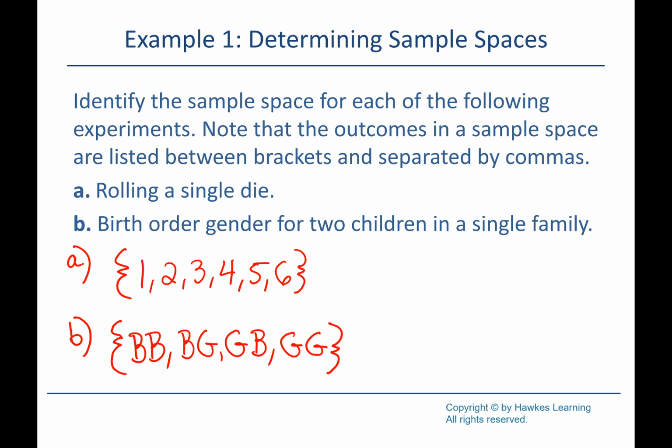That would be our sample space. You could write them all the way out if you wanted to, but usually we're trying to be brief and not write so much down, so that would work on that one.